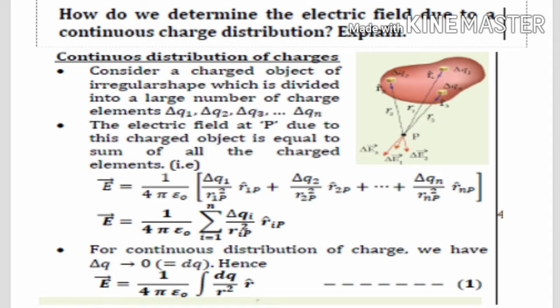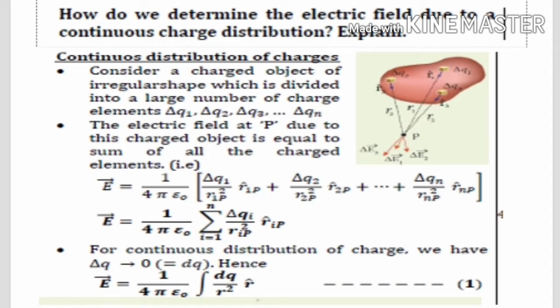Here all the terms in the brackets can be written as a single term under summation such that E vector is equal to 1 by 4 pi epsilon naught sigma i is equal to 1 to n del Qi divided by RiP squared into RiP cap.